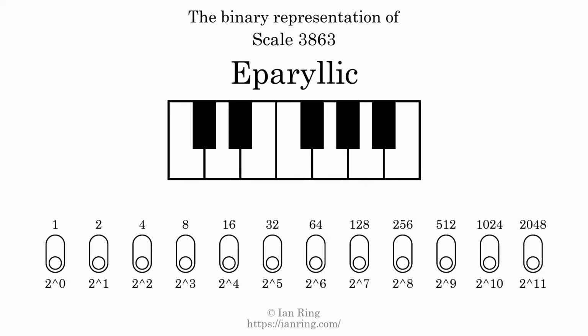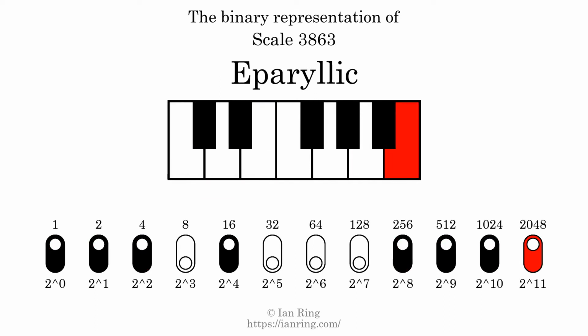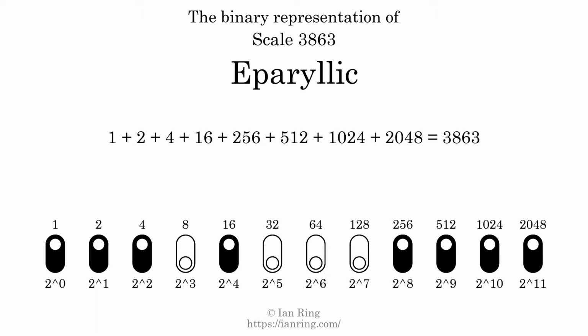The binary representation of this scale is determined by mapping tones of the scale to binary digits. Each binary digit represents a power of 2. To get the scale number, we add the powers of 2 together. The powers of 2 that are present in the scale, all added together, equals 3863.